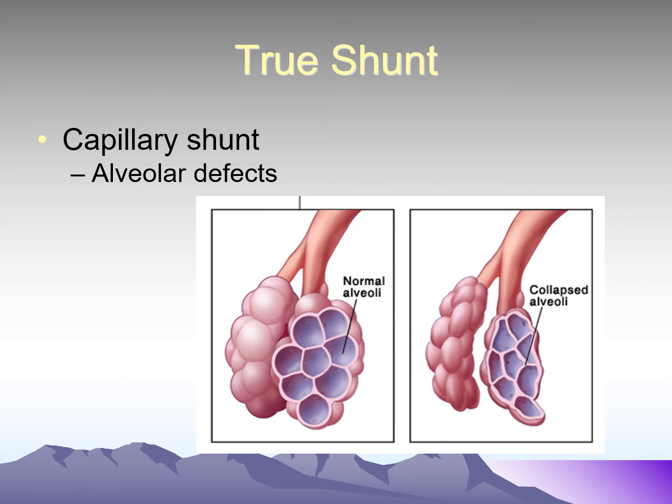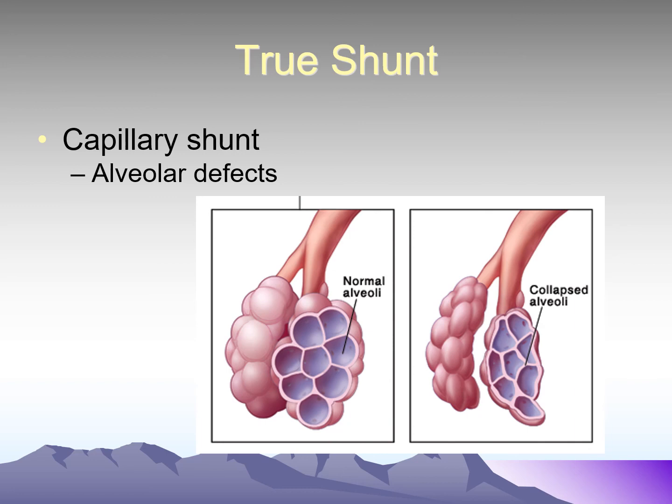So these shunts are refractory to oxygen, so they do not respond to oxygen. Okay. So how do we treat these? We need to consider suctioning, possibly a bronch, PEEP, diuretics, and mucolytics. Okay.